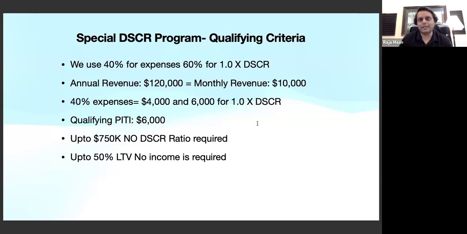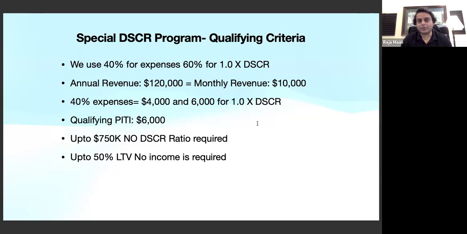That should be equal to the PITI, principal, interest, tax, insurance. So I'll explain it. Annual revenue, for example, $120,000. Monthly revenue is $10,000. 40% expenses will be $4,000 a month, and the remainder is $6,000 a month for 1.0 DSCR ratio. That is for property loans of $750,000 or more.